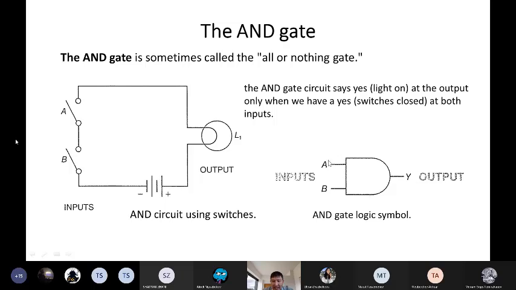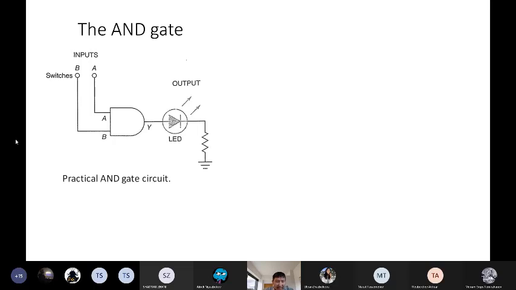A simple AND gate has only two inputs and one output. Let's consider a simple circuit. Here we have an AND gate, its output wired to an LED, and here we apply signals to the A and B inputs.